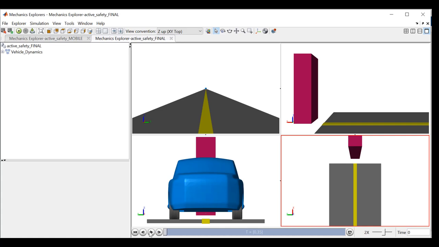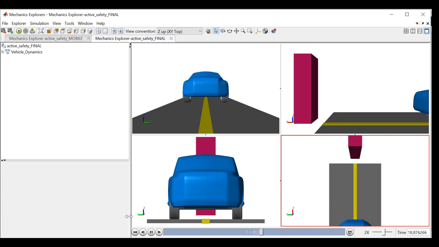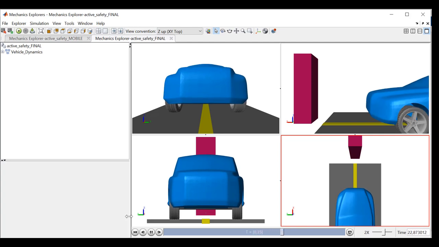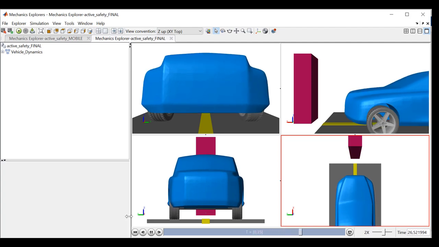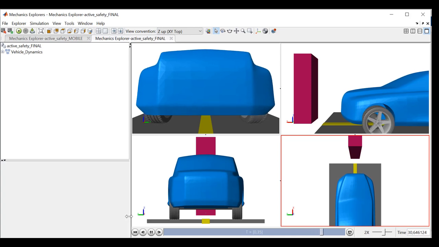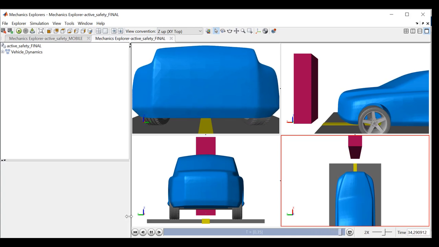Second case, a static target at 100 meters. The vehicle accelerates up to 45 kilometers per hour, but then brakes electrically over 15 seconds for a safe stop. It's really cool to see how that happened.